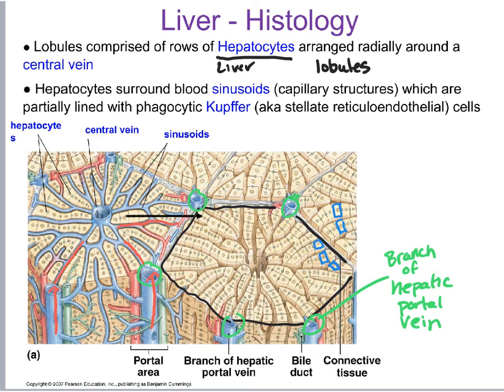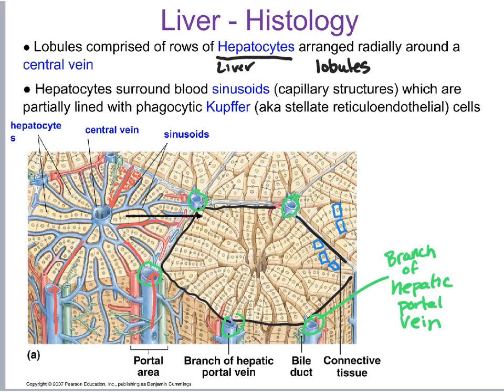That's kind of what happens here with the sinusoids, is that as the blood travels down those sinusoids, it's going to overflow the sinusoids, and the blood then is going to be modified by these hepatocytes.